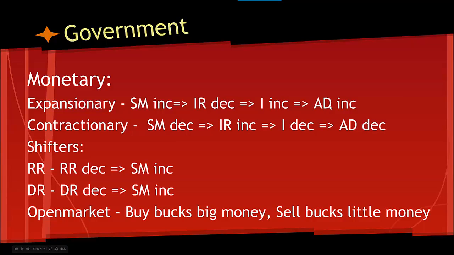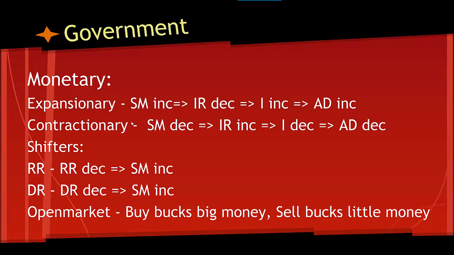And because aggregate demand is comprised of the factors of GDP, investment being one of them, since investment is increasing, then aggregate demand will be increasing. Now, for contractionary, when you decrease the supply of money, you increase the interest rate, which subsequently decreases the investment rate, and then that decreases the aggregate demand.